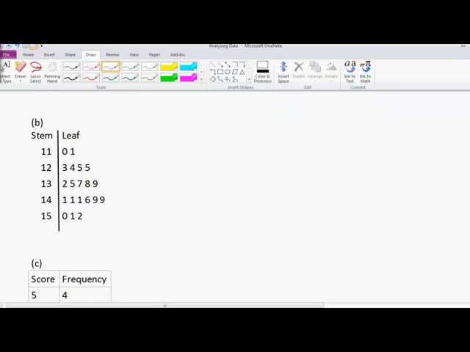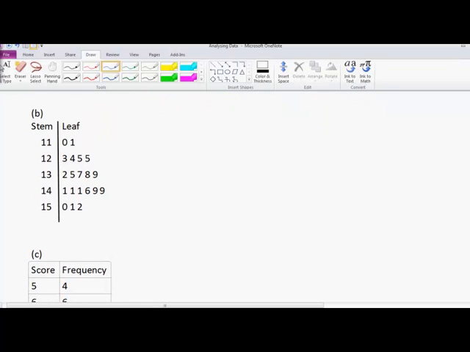Set B is set out as a stem and leaf plot, but the same ideas work. Alright, so if we're finding the mean, we need to add up all of the values in that plot. So remembering that if I've got a stem of 11 and a leaf of 0, that score there is actually 110.